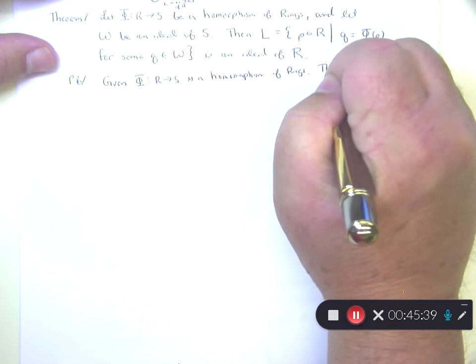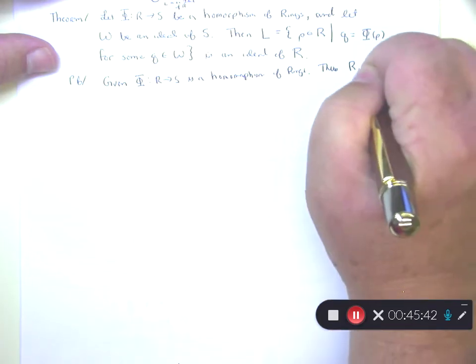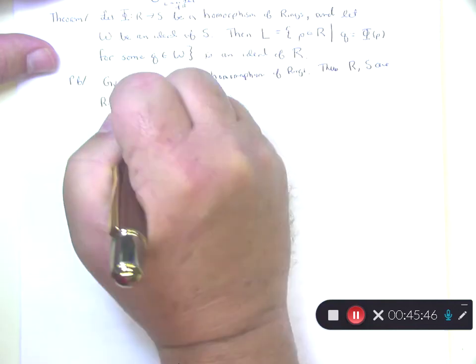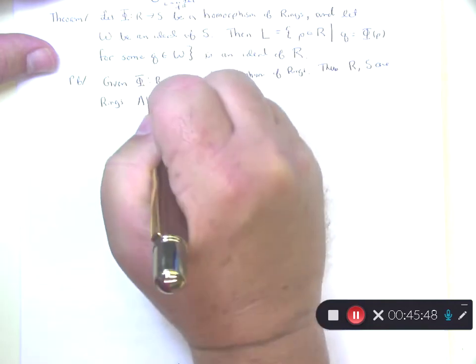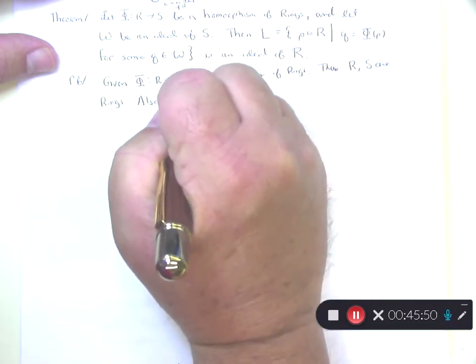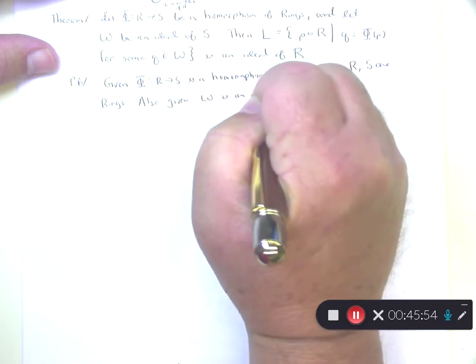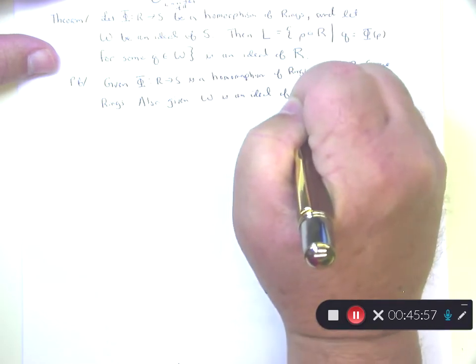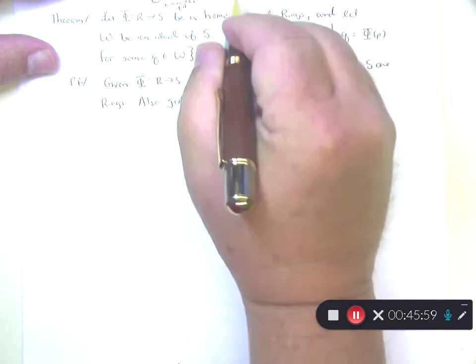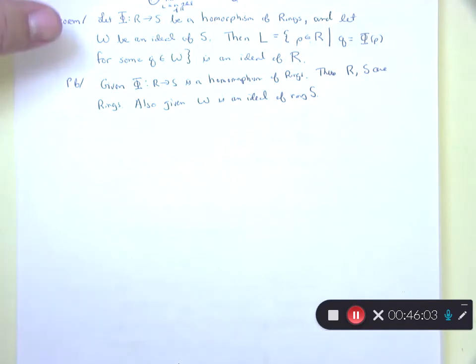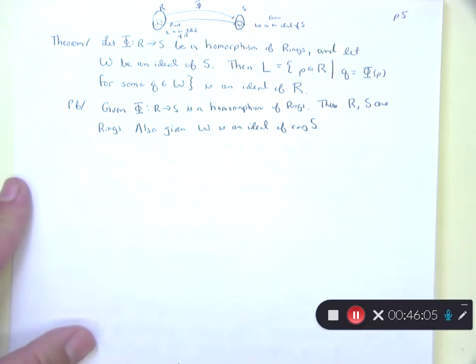Thus, R and S are rings. Also given, W is an ideal of ring S. I'm giving you W as an ideal of ring S. Okay?